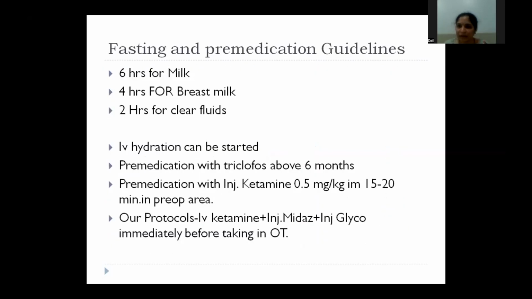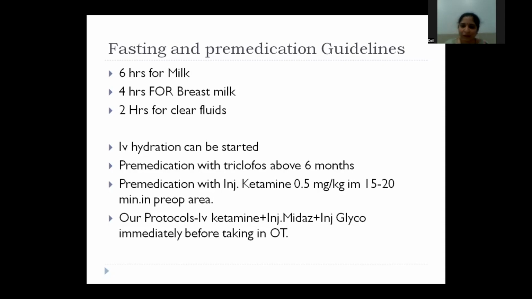Fasting and pre-medication guidelines, yes, we follow the same guidelines as for other pediatric procedures: 6 hours for milk, 4 hours for breast milk, and 2 hours for clear fluids. But take care that the patient, specifically the cyanotic patient, should not be very dehydrated. So if an IV line is there, you can start IV fluid in the preoperative area.